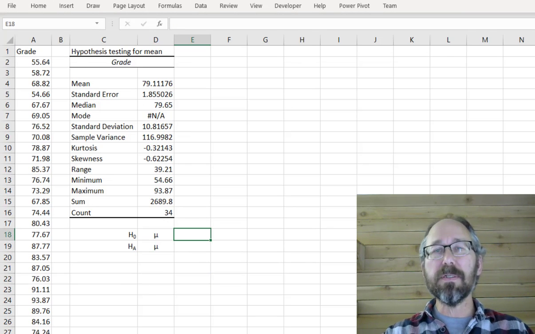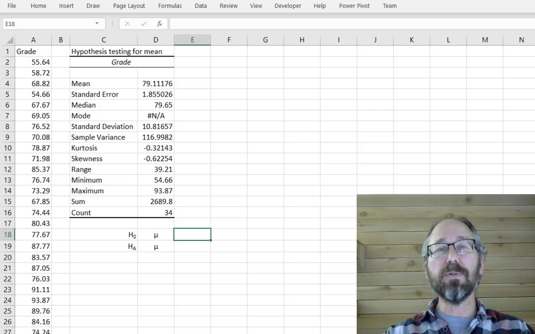With the null hypothesis, we're making a claim about the population mean. And we'll use one of three symbols: the equal symbol, the less than or equal to symbol, and the greater than or equal to symbol.